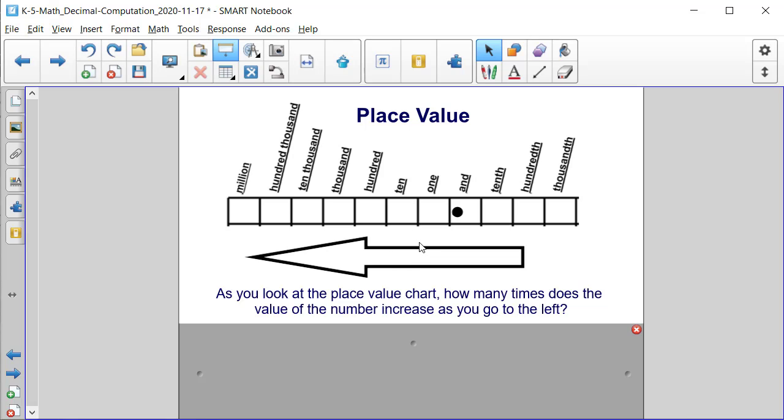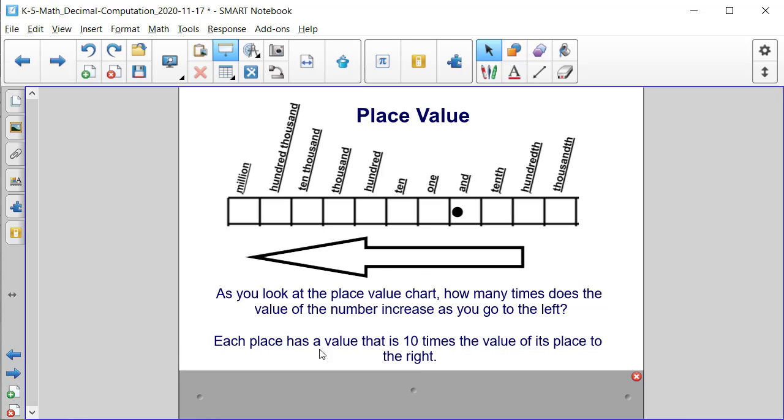If you need to think about it, if you have a $100 bill here, how many $10 bills would you need to get to 100? Well, you would need 10 of them. So as you increase from right to left, each place value is 10 times the value of its place to the right.